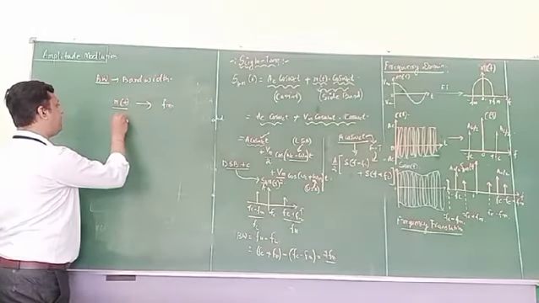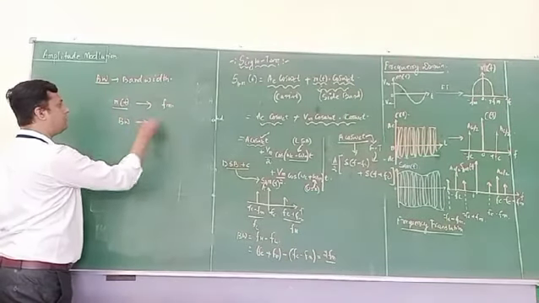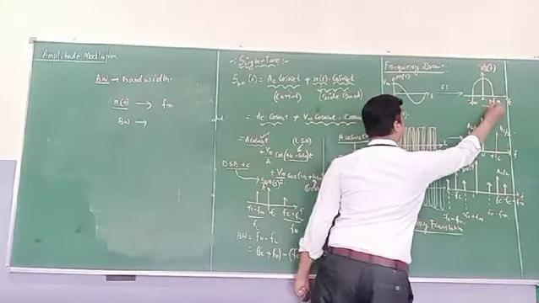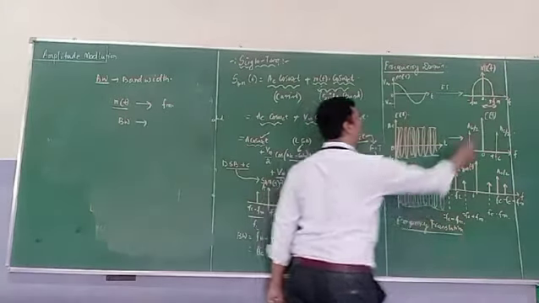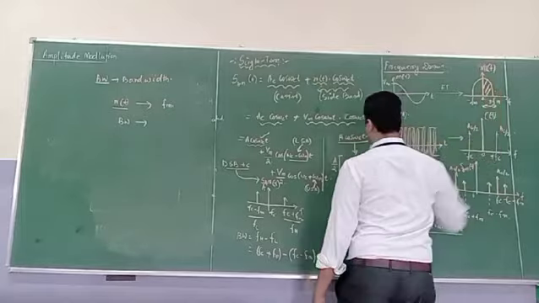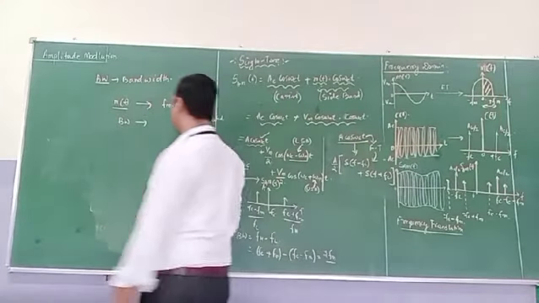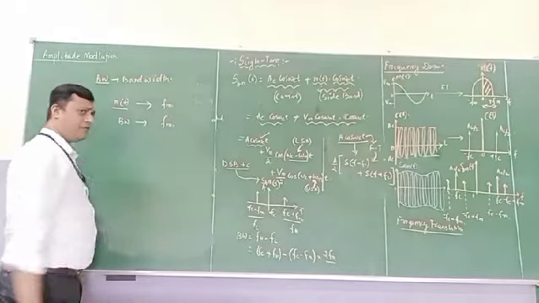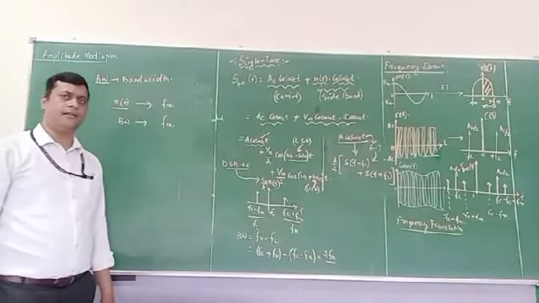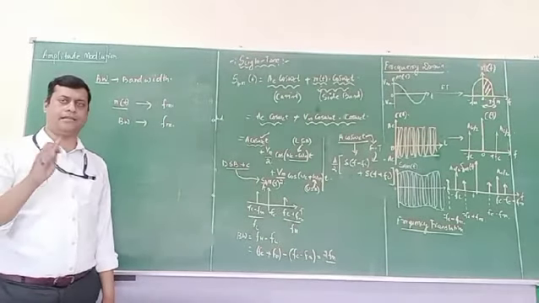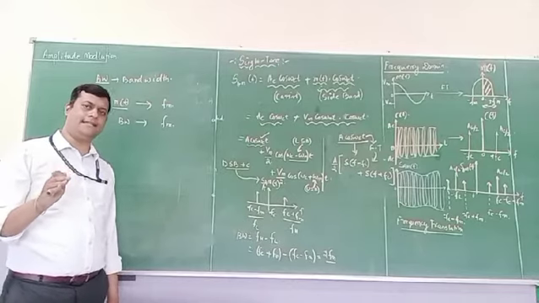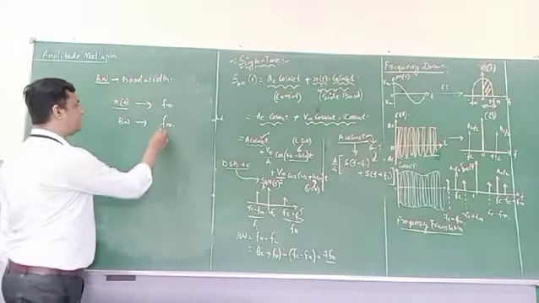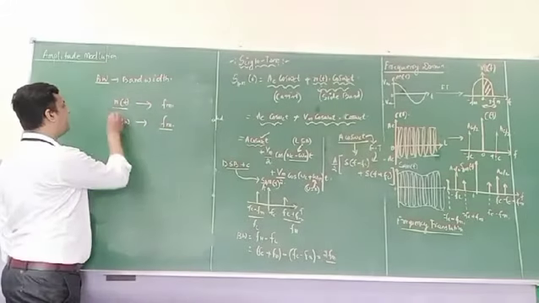So the bandwidth here is from 0 to fm. This is the bandwidth for your modulating signal. Imaginary part we are not considering. For any modulating signal, any audible signal, which is your baseband signal, the bandwidth will be its own frequency.